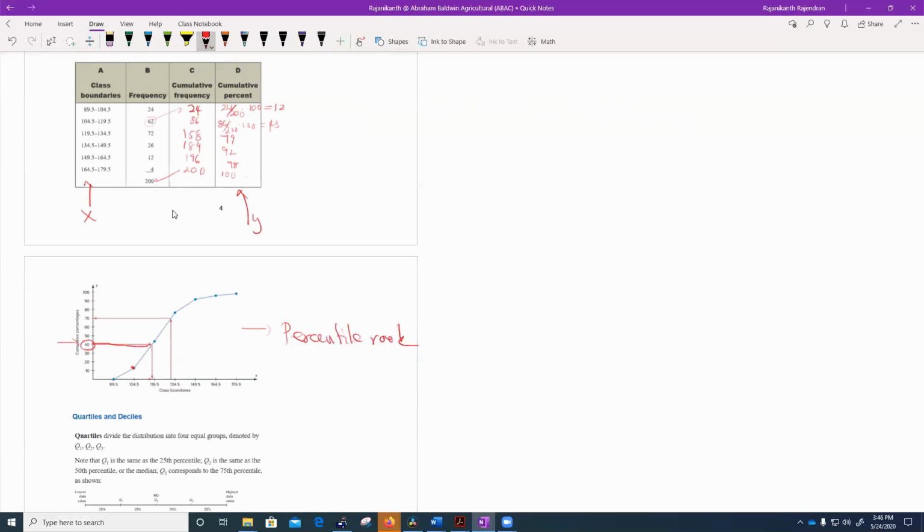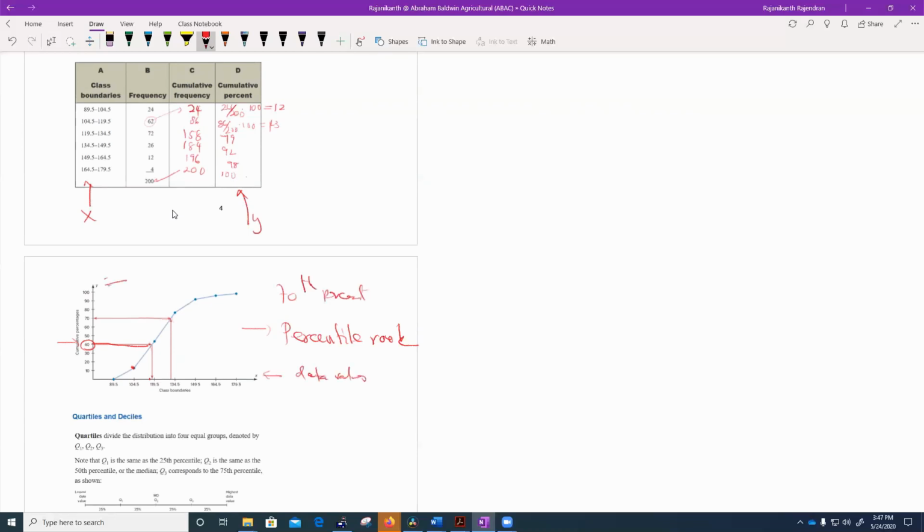Suppose you want to find, say, the 70th percentile. In other words, I'm asking you, what is the actual data value which corresponds to the 70th percentile? Simply find 70 on the percentage axis, then draw a horizontal line to the curve, then come down to the actual value. Remember, my x values are my actual data values, and I'm looking for the actual data value by looking at my percentile.